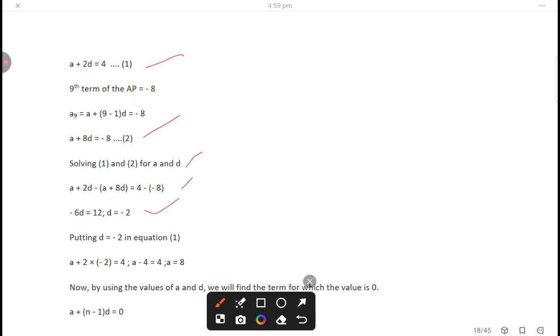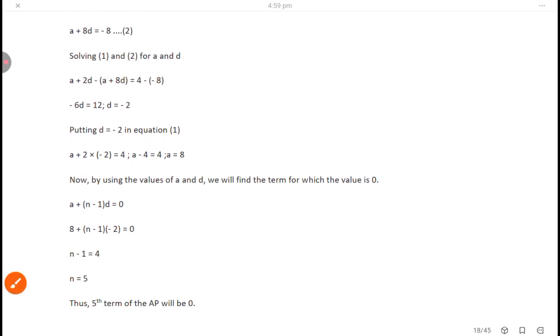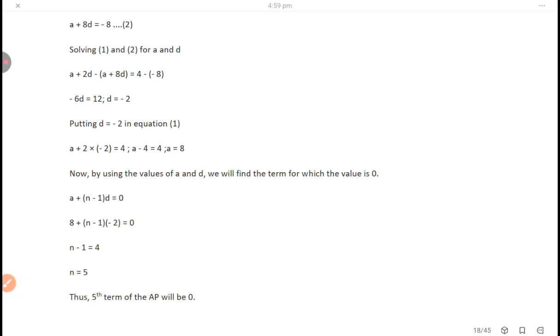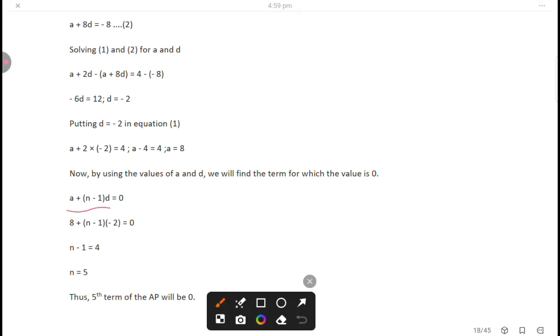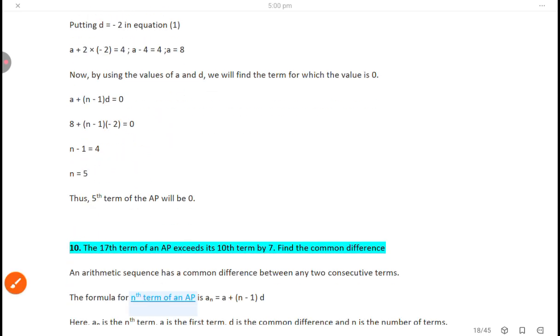Put the d, minus 2, in equation 1, you will get the a. So you have to find which term has value 0. So a plus n minus 1 d equal to 0. We have to equate this equation to 0 to find the n value. So you know a and d. So substitute, then you will get n equal to 5. Thus, fifth term of the AP will be 0.